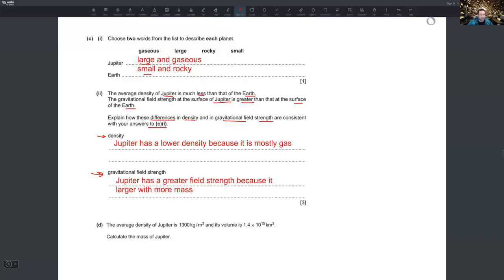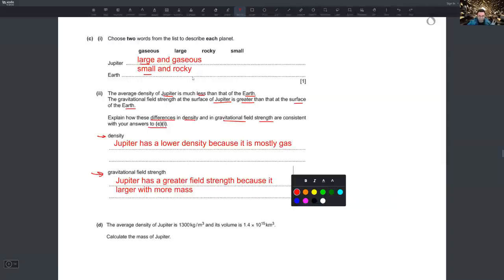3 marks depend on what? 1 mark is for the difference up here, lower density, and it has mostly gas. The 2 other marks are to say it's larger, that's one, and the second is for it has more mass.